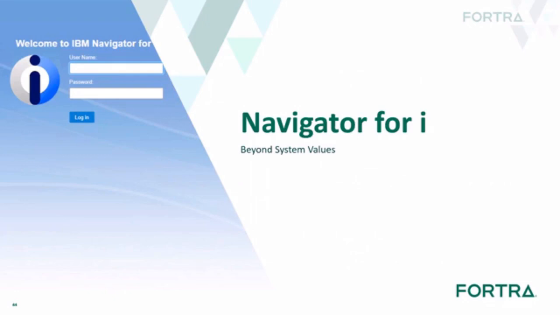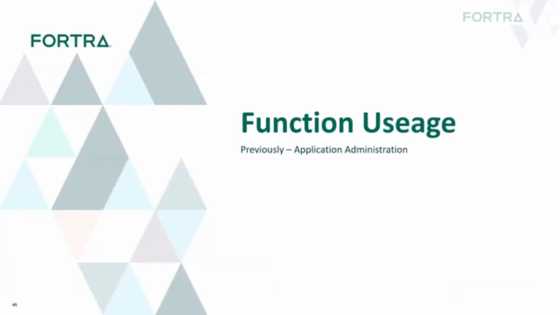Let's have a little bit of fun. Navigator for i, right? They've done some awesome stuff with Navigator for i. I know I was never a big fan of the yellow bubble and how long it took to do anything, and it wasn't a lot of fun. But in the new Navigator, they have also brought us back to calling function usage.